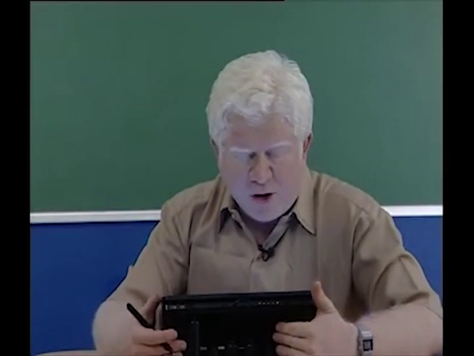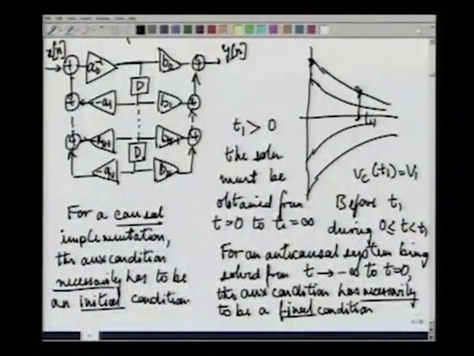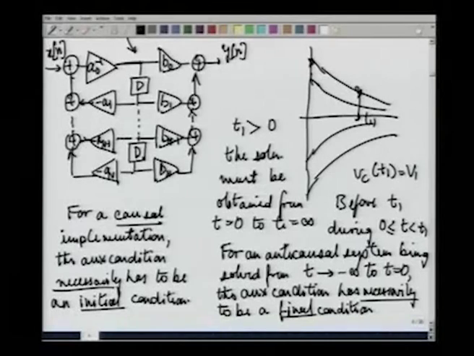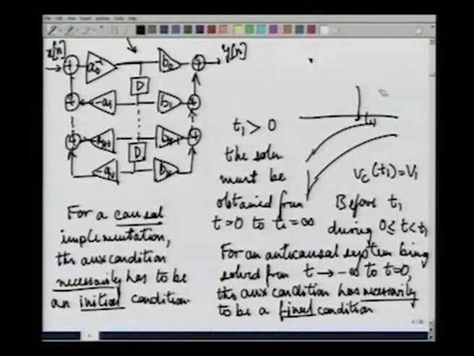So, going back to this block diagram, why did I draw this? Very simple. You have all these delay blocks over here. Suppose this is a causal system that I am trying to implement, and I want to understand what the values of the system are at n equal to 0.